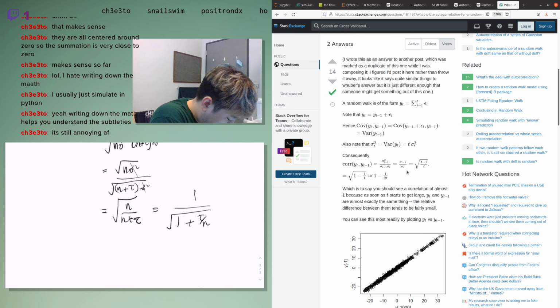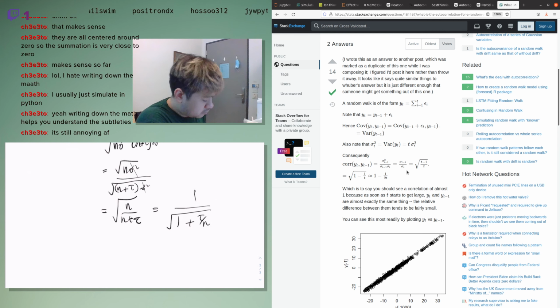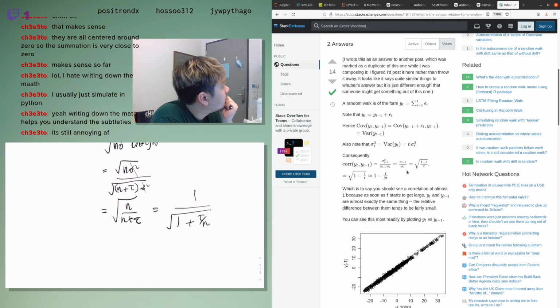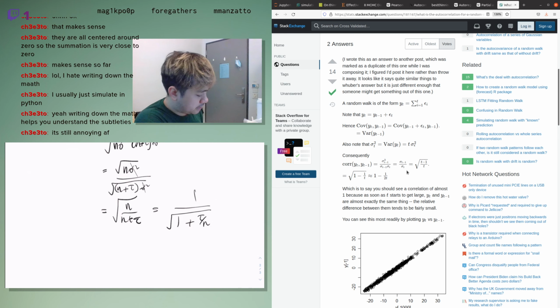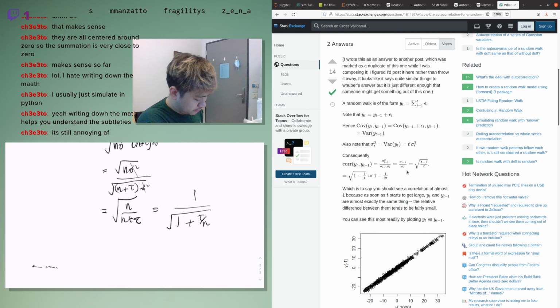This is interesting because it seems like it still depends on n. That's a bit strange actually. Why would it depend on n? The correlation between this and this should be the same as this and this, right? Yeah, something's wrong.